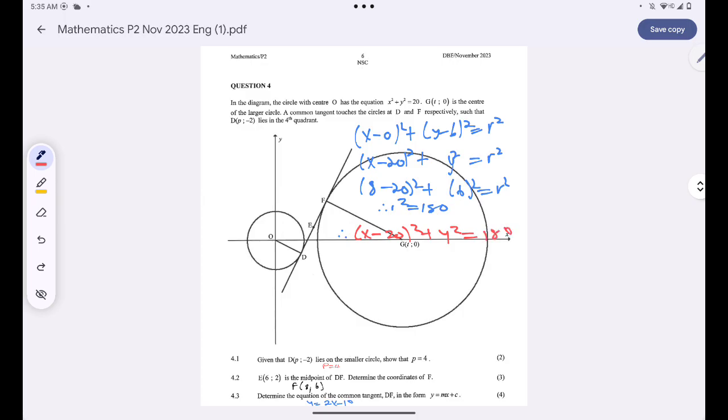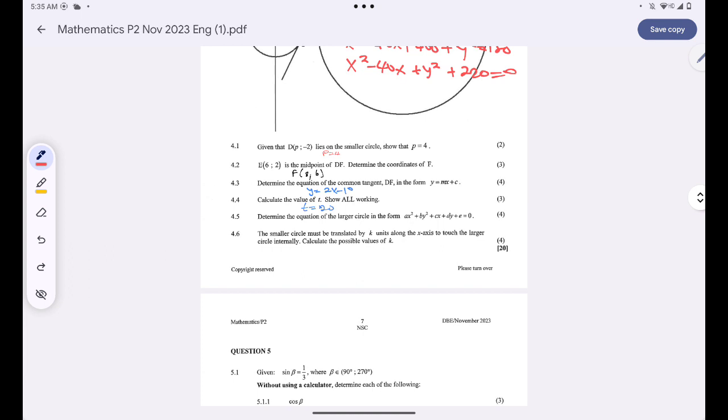All I need to do is to just expand the brackets and put everything in standard form. I'll have x squared minus 40x plus 400 plus y squared is equal to 180. So this will give me x squared minus 40x plus y squared, and then 400 minus 180, this will give me 220, is equal to 0.